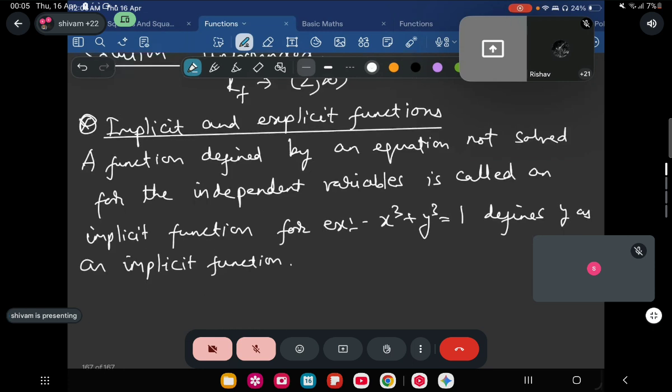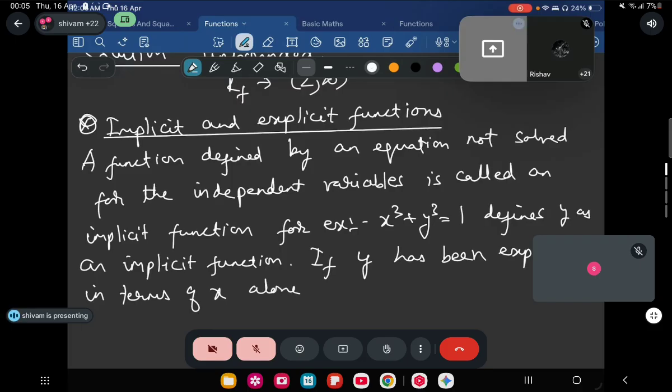If y has been expressed in terms of x alone, then it is called an explicit function.